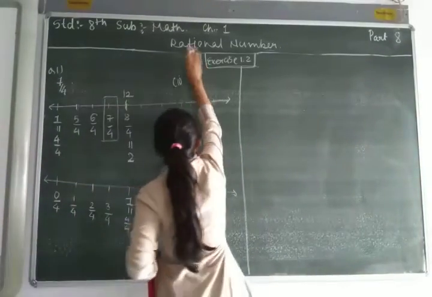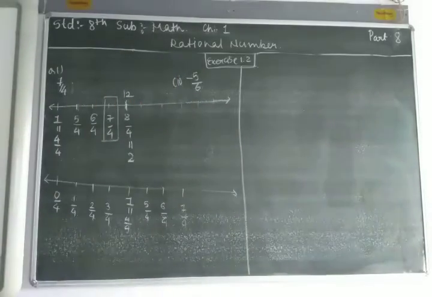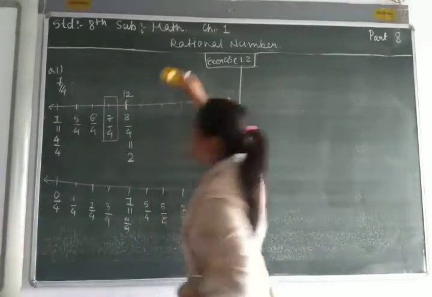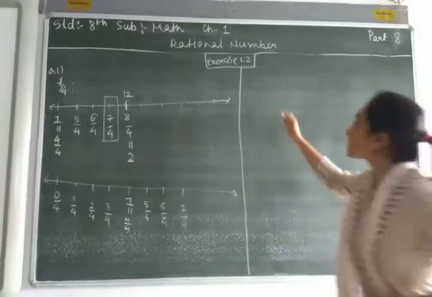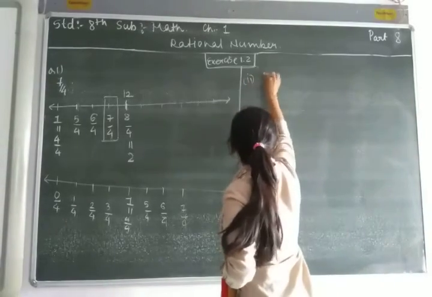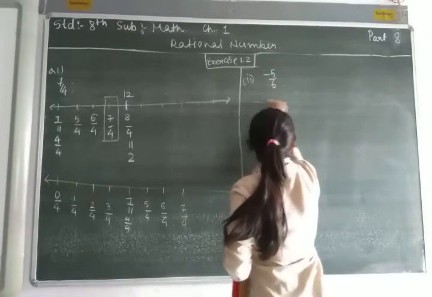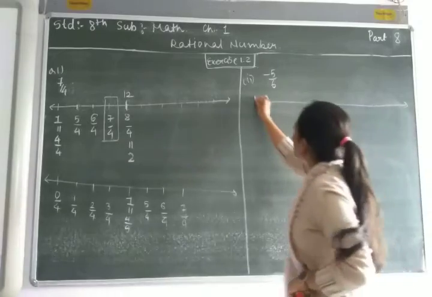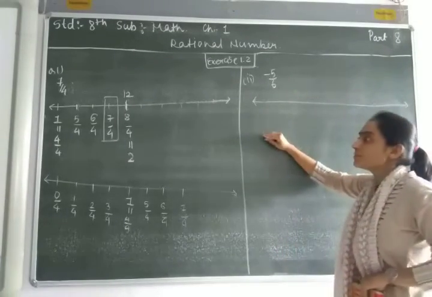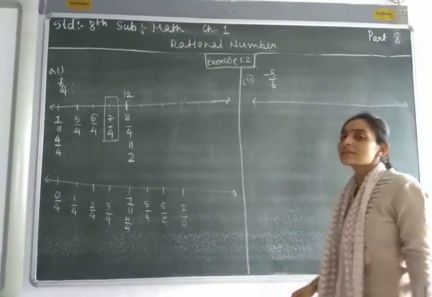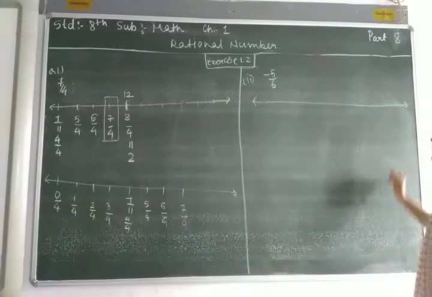Now let me write it on another side. The next one is minus 5 by 6. Denominator is greater than the numerator, so the number lies between 0 and -1.